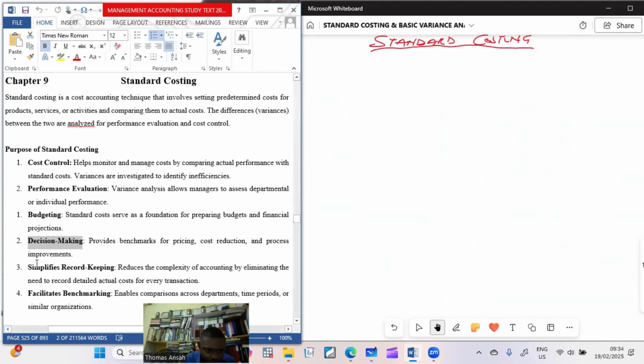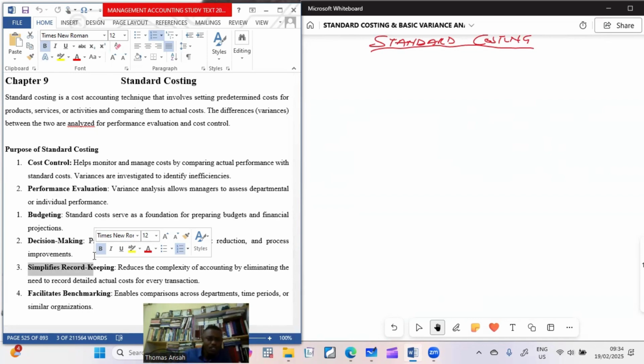We also look at the fact that it simplifies record keeping because it reduces complexity in the accounting by eliminating the need to record actual details for every transaction. Because in our offices, what we do is that we book actuals, we book actuals, we book actuals. But sometimes, if you are in certain industries, you don't have the actuals happening.